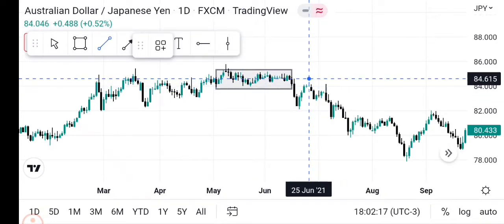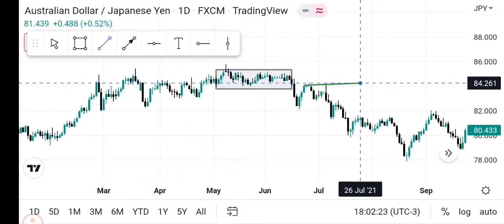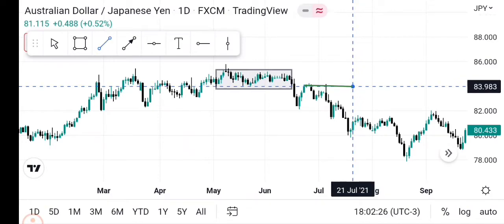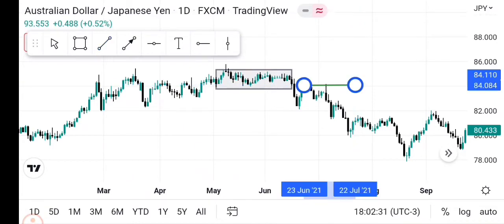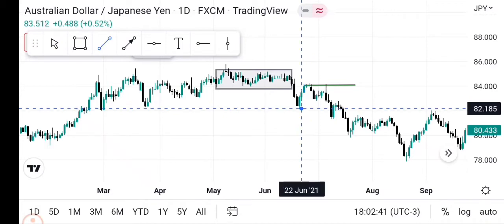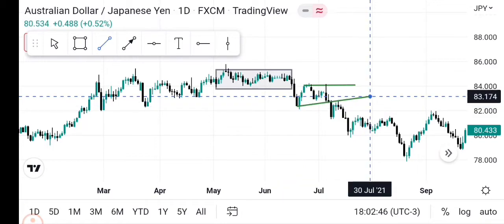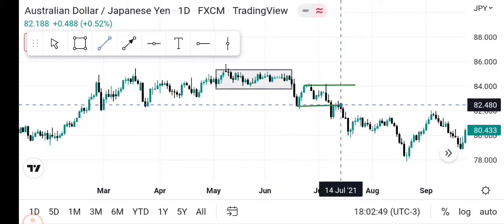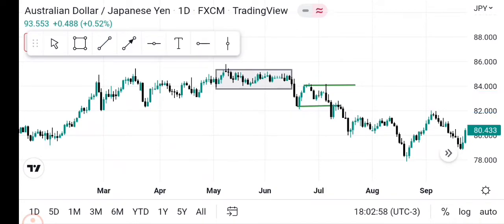We have our lower highs, this high here is our lower high, and we have our lower lows right here. That's our lower low.